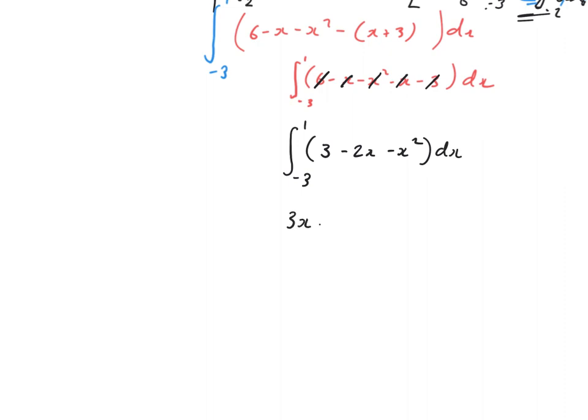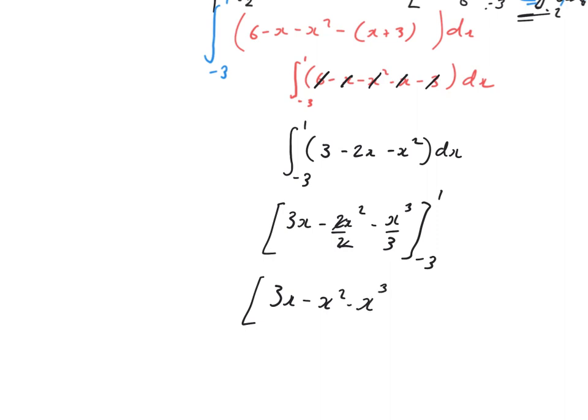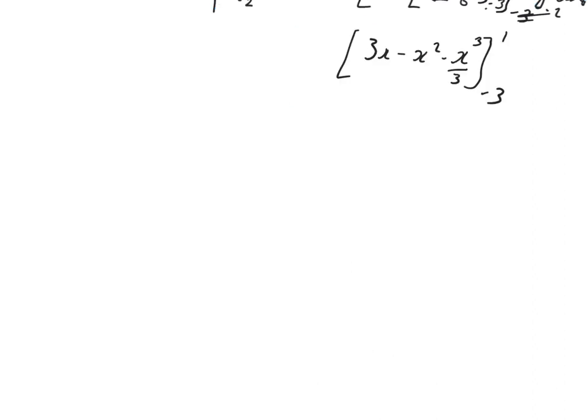Integrate 3 becomes 3x minus 2x squared over 2 minus x cubed over 3 between 1 and minus 3. Can cancel that down, so I'm going to capitalise on that. 3x minus x squared minus x cubed over 3 between 1 and minus 3.